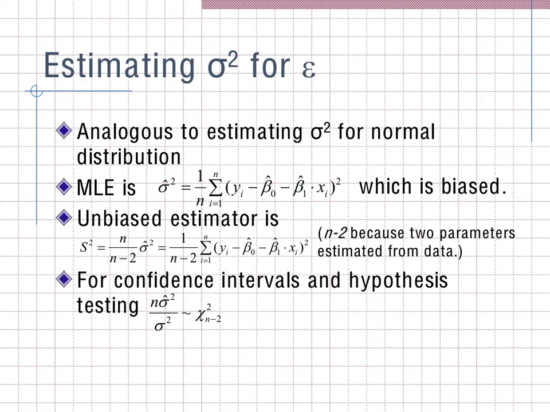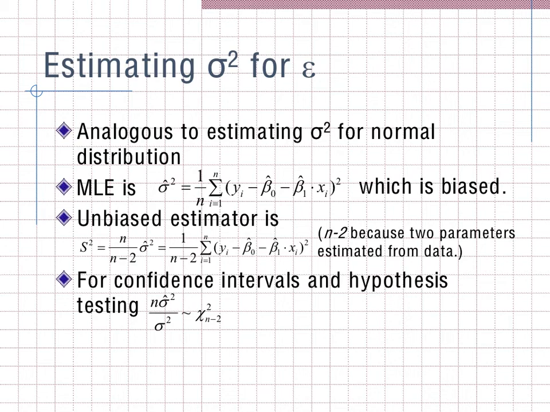Now, we just saw that the variance in the estimated slope and estimated intercept depends on the variance of the residuals, but typically we're not going to know what that variance is. But as we have in past lectures, in the context of, say, estimating the variance of a sample from a population, we can estimate sigma squared from our data.